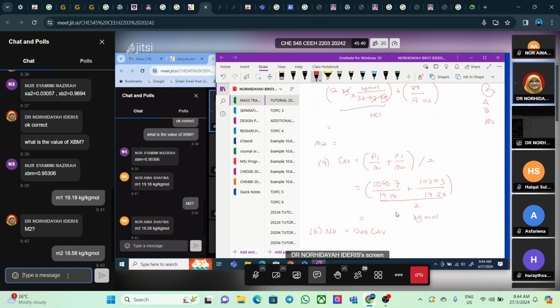Ni unit ni kilogram mole over meter cubic. Okay. Step number 4 and step number 5.